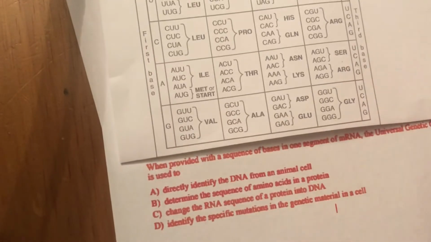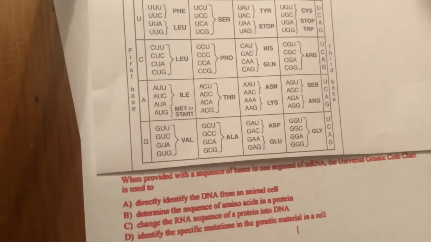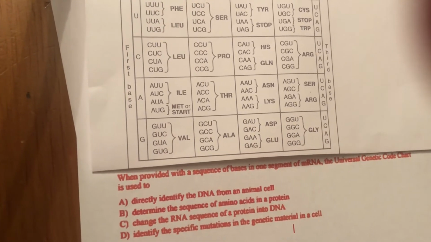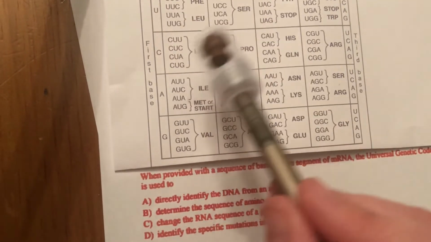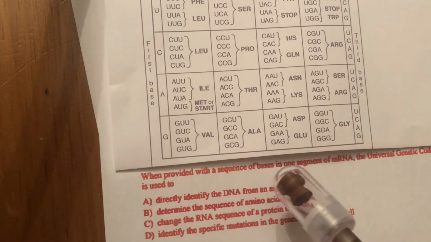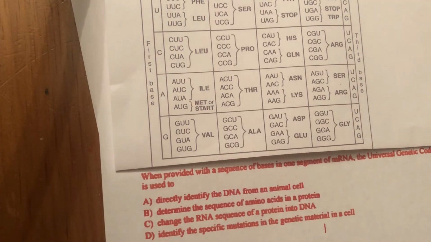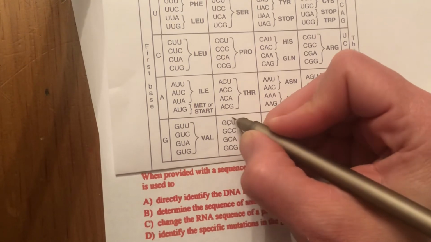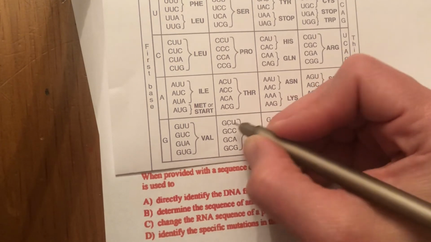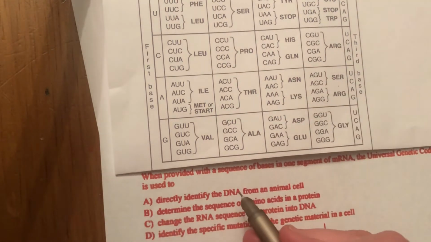Okay. When provided with a sequence of bases in one segment of mRNA, the universal genetic code chart is used to do what? So why are we using this? When you're provided with a sequence of bases, this is a base: guanine, cytosine, uracil. That's the sequence of bases. So what is that helping us to do? Identify DNA.